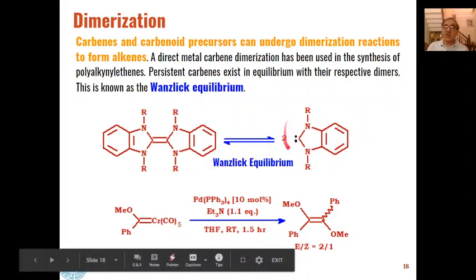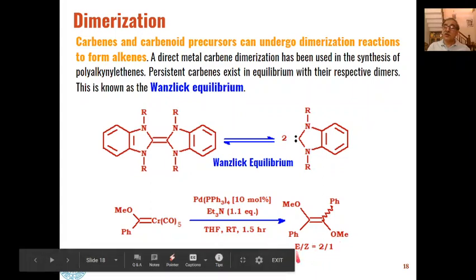Similarly, this was the example of carbenes. Similarly, in case of carbenoids, this is chromium carbonyl carbenoid formed from diazo compound of this nature, and then this can dimerize at these positions to give us these types of alkenes as the product, and the ratio of E to Z product formation is 2 is to 1.